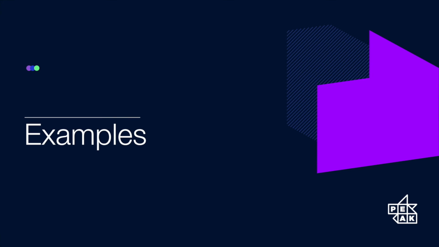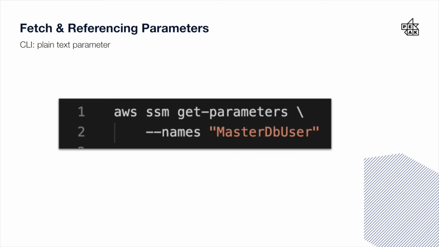Next, let's look at some examples of integrating Parameter Store and Secrets Manager. Just see how easy it really is. So starting really simple, using the command line to fetch a plain text parameter: aws ssm get-parameters, and then you pass in a name or a list of names.